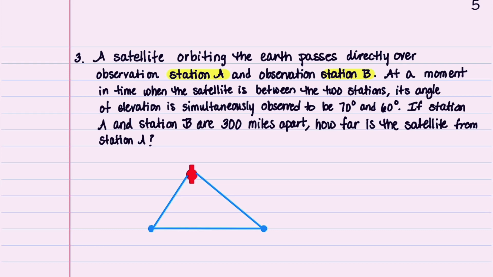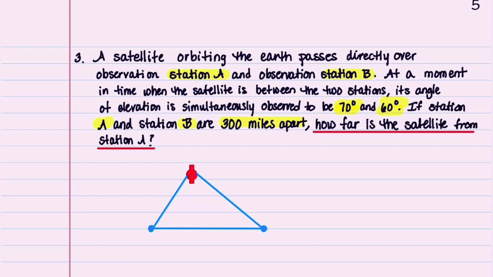Its angle of elevation is simultaneously observed to be 70 degrees and 60 degrees. If station A and B are 300 miles apart, and let's also underline A and B because they name the station, how far is the satellite from station A? Let's underline that in red because that's what we need to find.